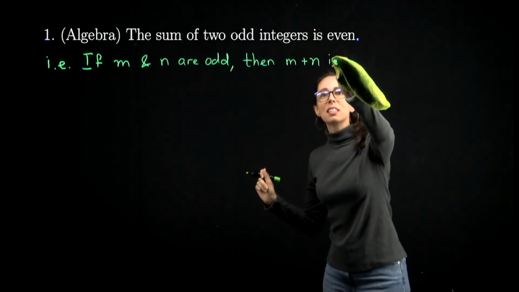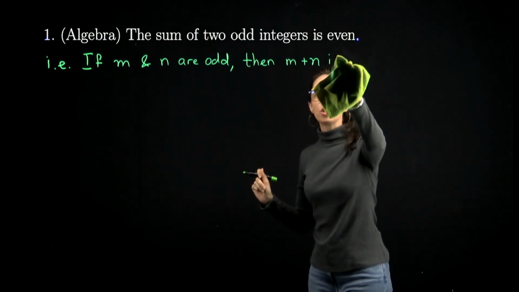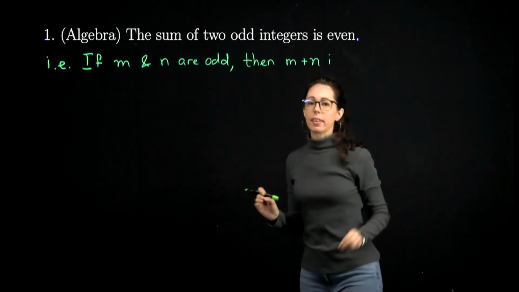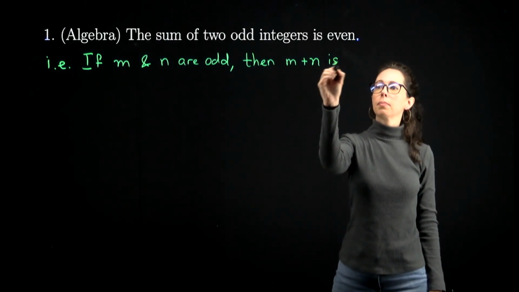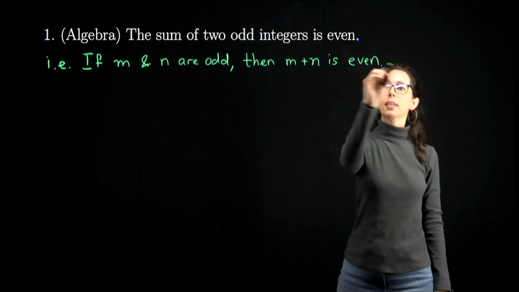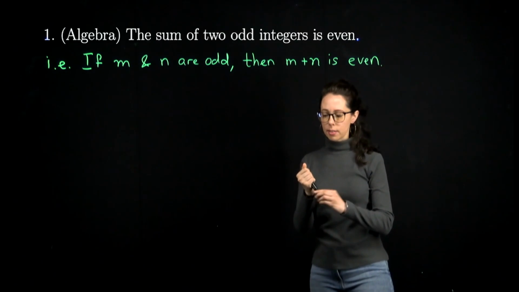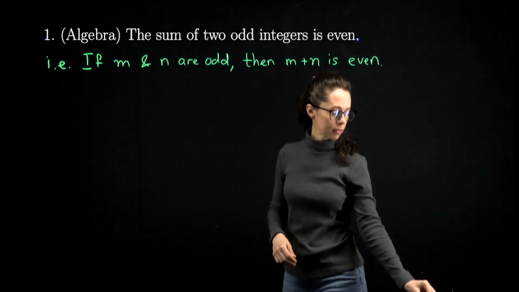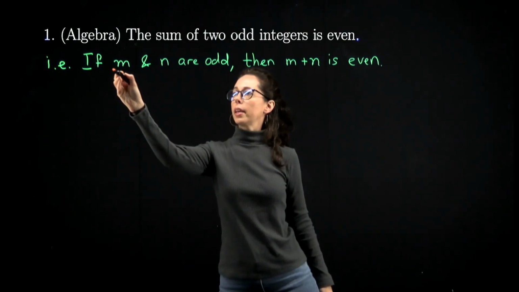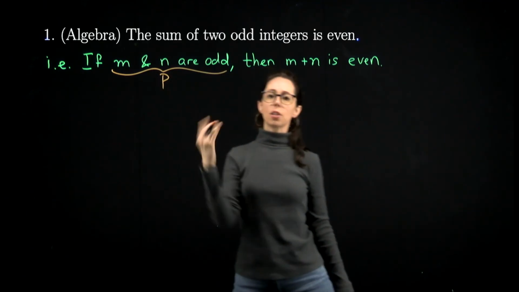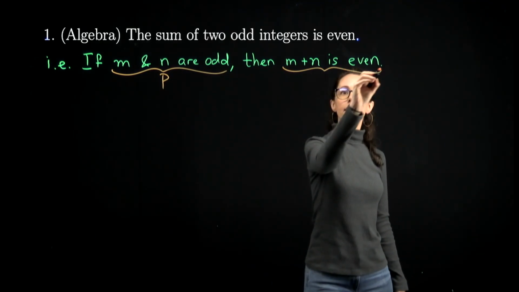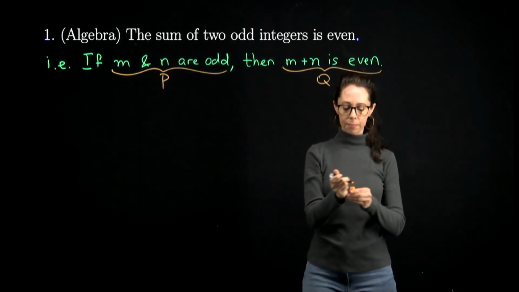I think this is always the first thing you should do with a statement like this, is recognize what your hypothesis is and what the conclusion is. So this is what I would think of as the statement P, or the condition P, and this is our conclusion Q.